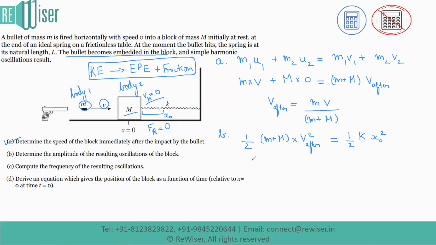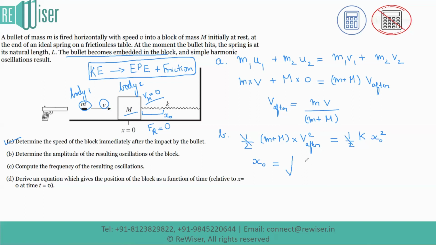I can rewrite this equation in terms of x naught. The half and the half will cancel. X naught is equal to the square root of, if I substitute V after as mv divided by m plus M, I can cancel one of the values there.